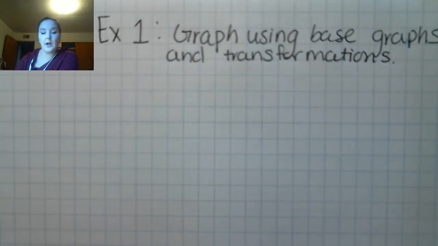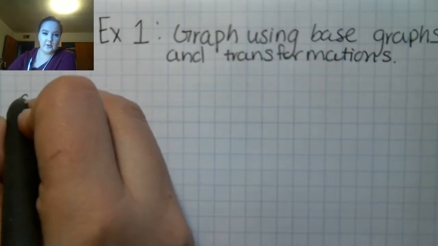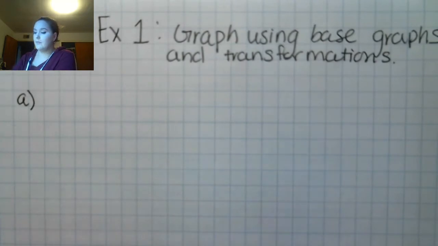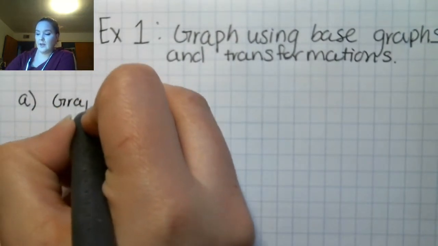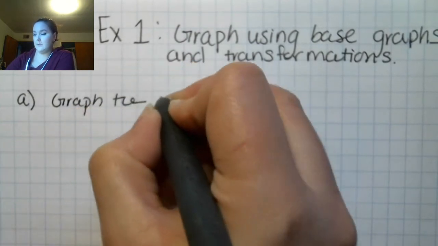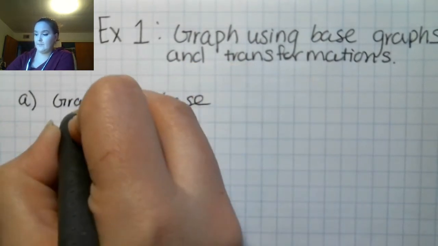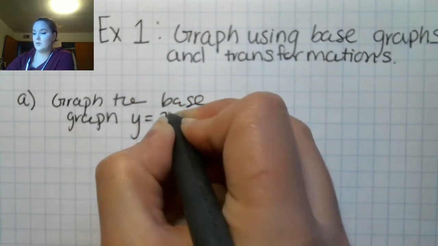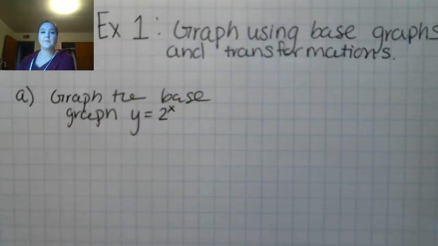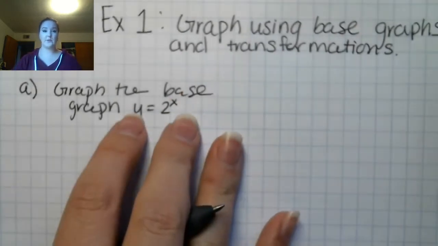Okay, so we're going to graph these types of graphs using base graphs and transformations. So part A is just going to be graph the base graph y equals 2 to the x. So this is the base graph that we're going to use for this example.